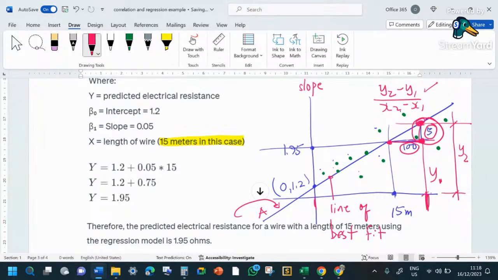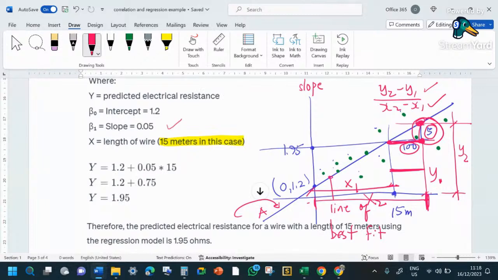Here is x2 and here will be x1. And the base of the triangle will be x2 minus x1. Okay, so that's your slope. But you're not going to do that in the exam because all the information is already given.